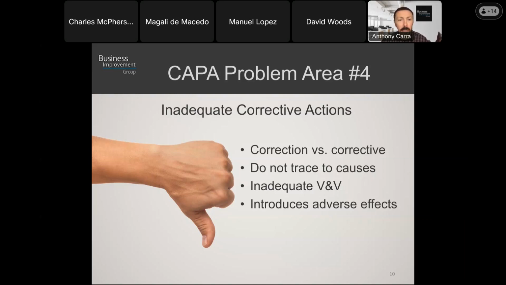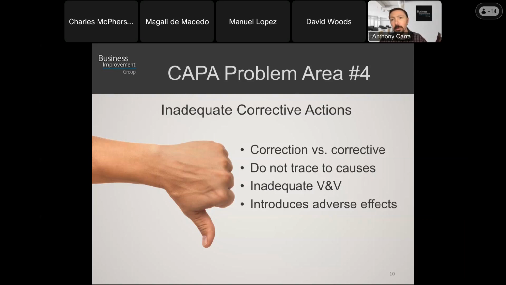Again, everybody has good intentions as far as how we could make things better, but the solutions don't necessarily trace back to causes, meaning that we come up with a lot of good ideas of how we could make things better, but we're not taking the time to map that back to the work that we did in the previous phase and say that this is a solution that will directly address this cause.